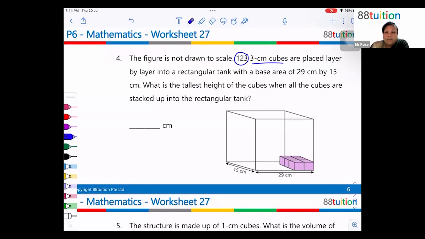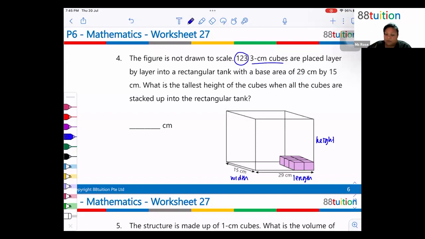Okay, now, because it's placed layer by layer, how many cubes are there along the length? That's right, David. Pranati, correct.